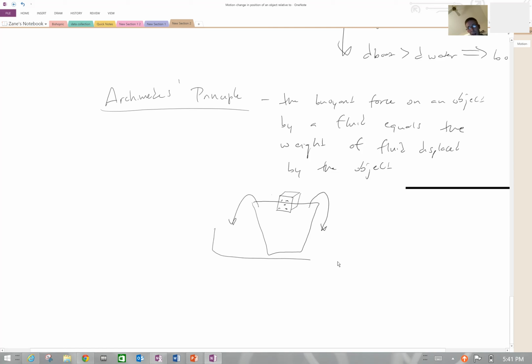If we were to catch that water that's spilling over and weigh it, we would be able to quantify the buoyant force. Okay? So, yeah. If you can remember the experiment we did in class, you're going to be fine. But just know that the weight of water displaced by an object is equal to the buoyant force of the fluid on the object. Cool.